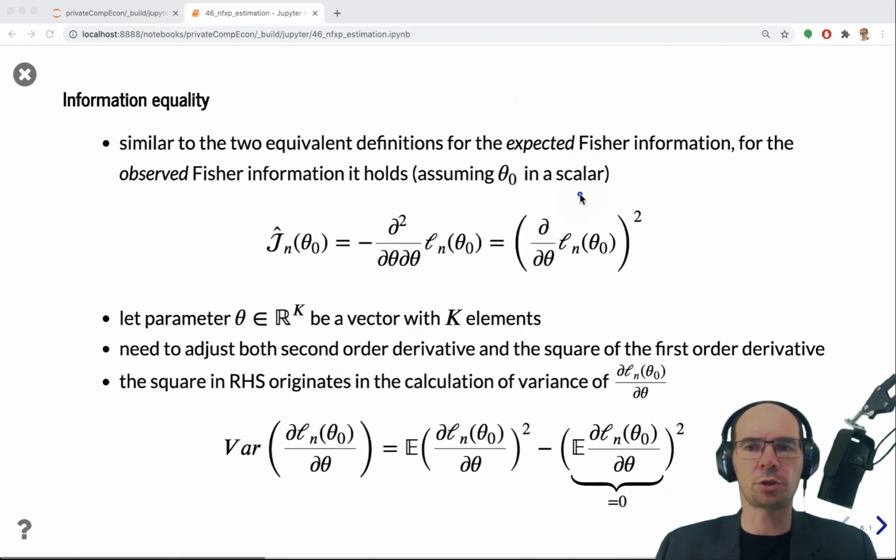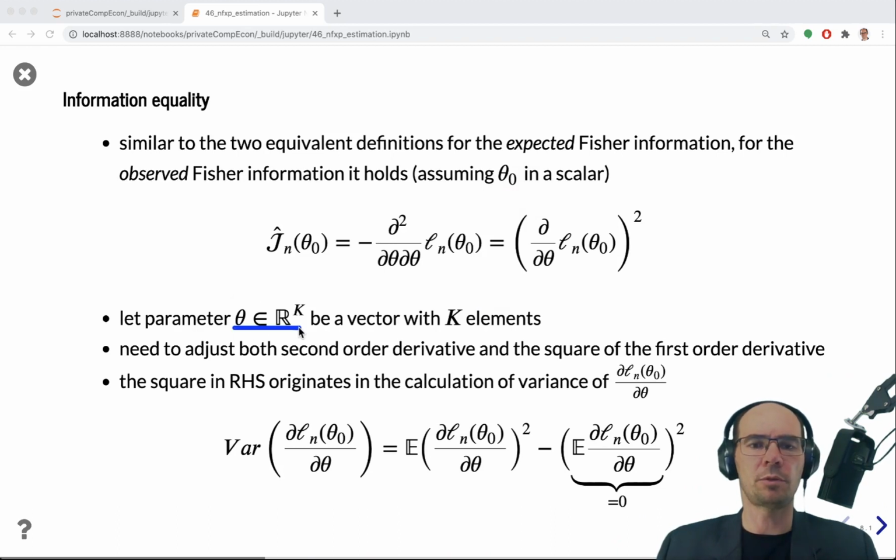Remember I said that Fisher information itself can be given in two equivalent forms, and this one only requires the first derivative of the log likelihood. It turns out that a similar expression holds for the observed Fisher information, and in fact this is correctly written for theta naught being a scalar.